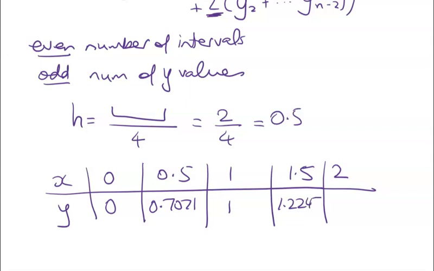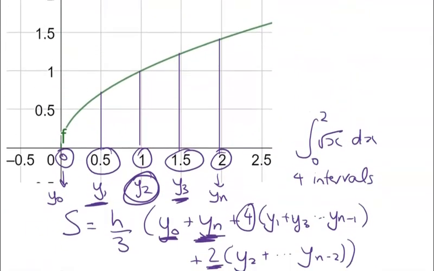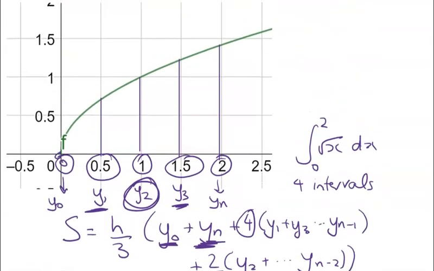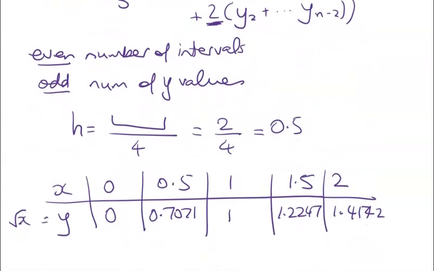So I did these before I made the video in Excel. Right, so we're just substituting into root x is equal to y. Right, so that's giving me the heights here, here, here, here and here.